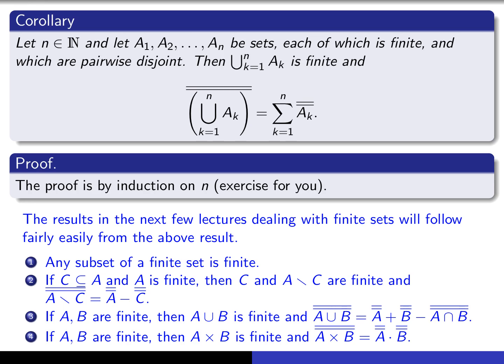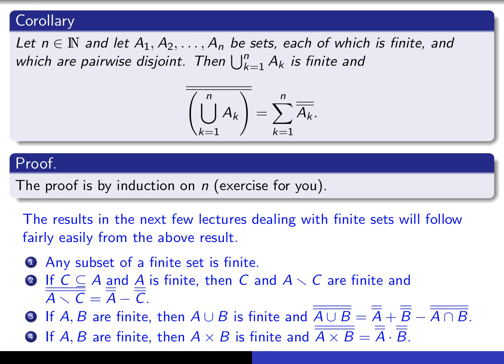And finally, we're going to prove that if A and B are two finite sets, then the Cartesian product of them is also finite, and the cardinality of the Cartesian product is the product of their two cardinalities. 1 and 2 are going to make use of the n equals 2 version of this result, and 3 and 4 are going to make use of the more general result of the corollary.